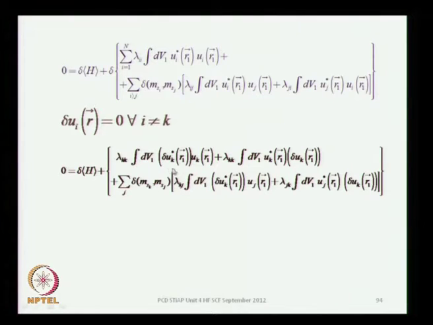So, here you have got the delta u k star r 1 u k, right. Whenever I is not equal to k, that term would vanish. So, out of these n terms you have only one corresponding to the kth term, which is allowed to be varied under the frozen orbital approximation. All the other n minus 1 orbitals are frozen, and therefore, variations in those n minus 1 orbitals would vanish.